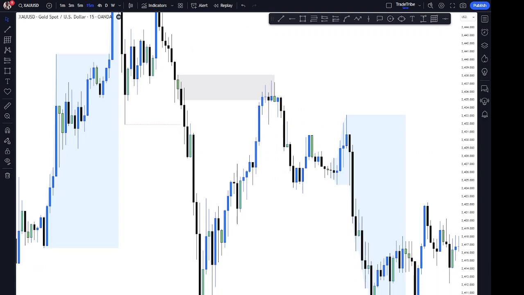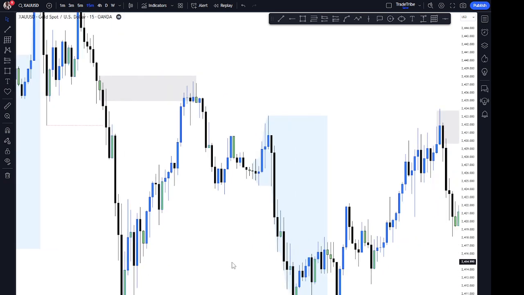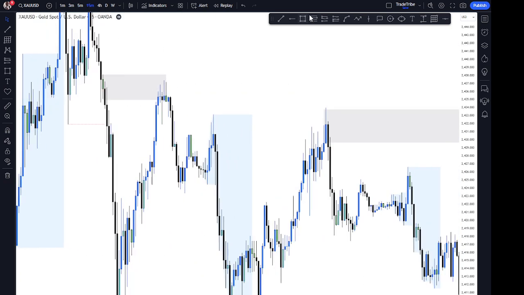Had another one here. Had a break of structure. What zone did it leave us? One zone here. You can mark this inducement, or you can mark this blue candlestick, the whole of it.